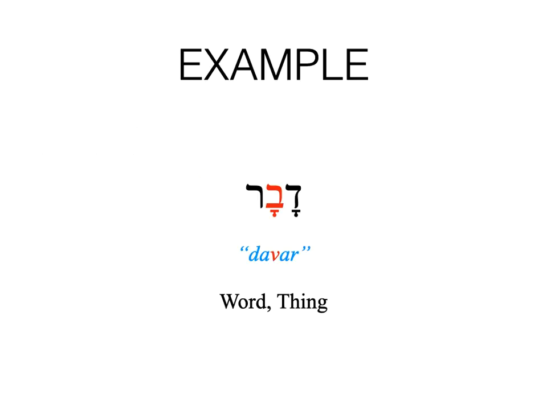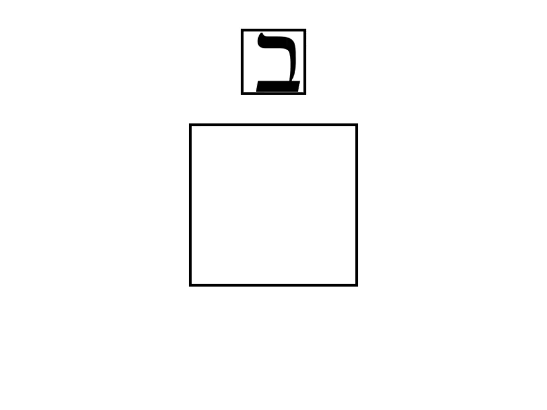Here's an example. Davar, which means a word or a thing. Okay, so the middle letter is V, and it's not pronounced dabar with a B, but with a soft V, davar, because there is no dagesh in it, or that dot in the center of the letter. And this is how it looks in the square box.